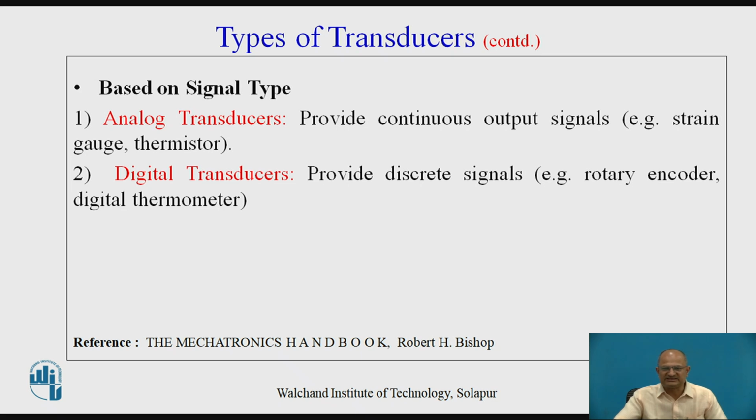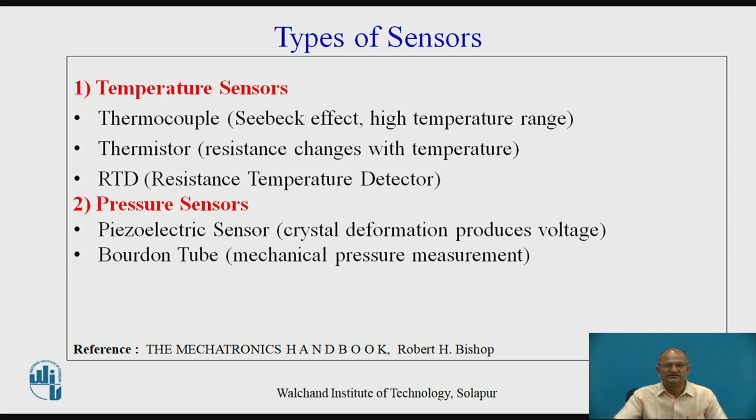Let us now understand the classification of sensors. There are different types of sensors. Here is the classification which is given based on the physical quantity that is to be measured or sensed.